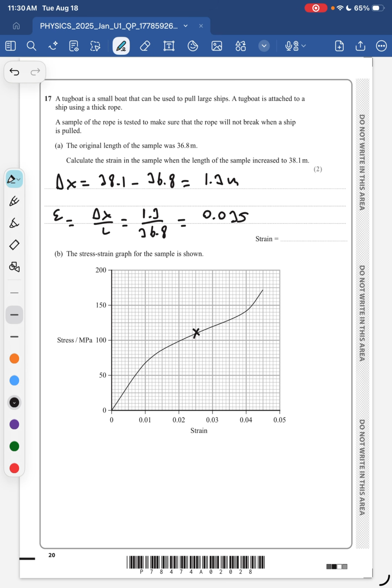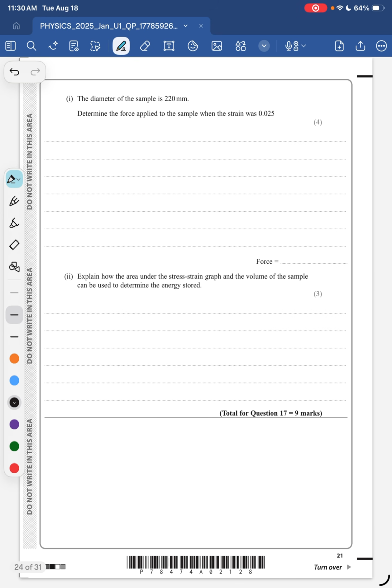How do we know this? Because between here and here we have 0.01, an increment of 0.01. Therefore, the midpoint is 0.005, or 0.025. And in the vertical direction, every small square is an increment of 5. So we have 2 squares there, so 110 megapascals is the stress.